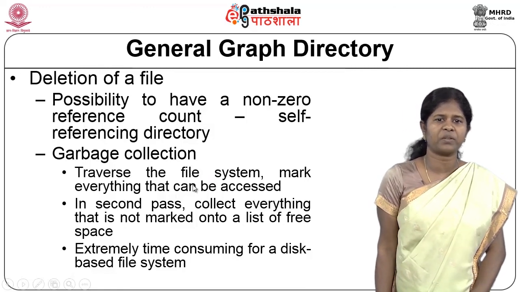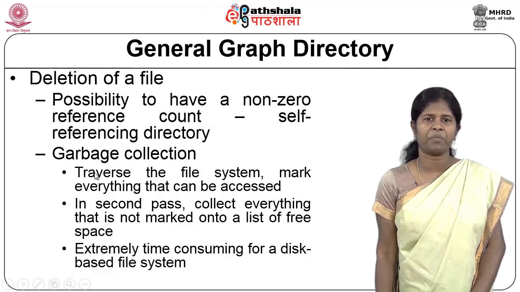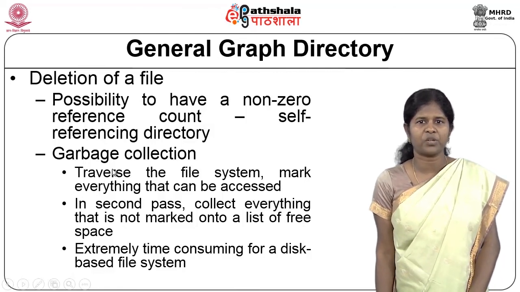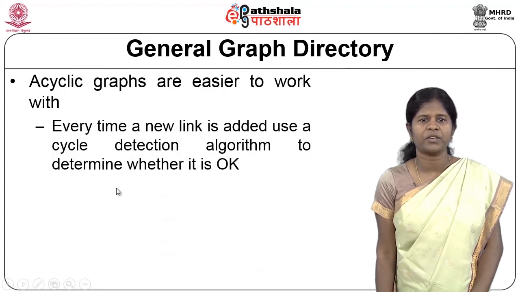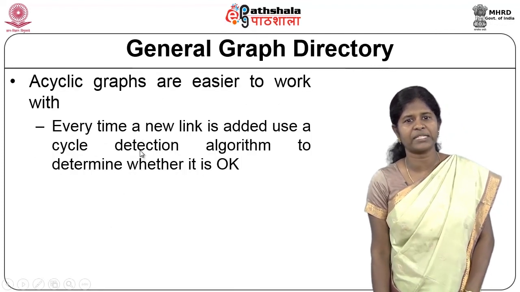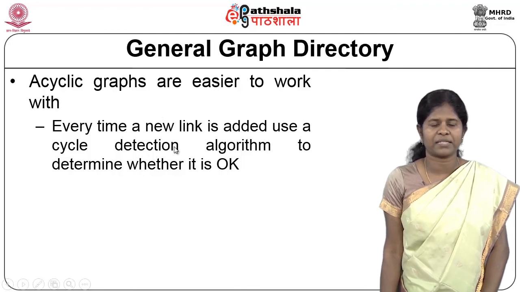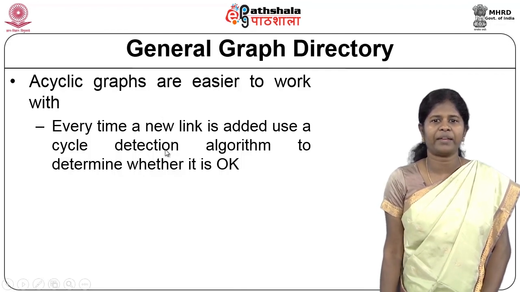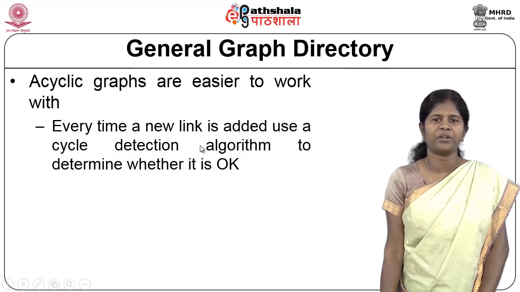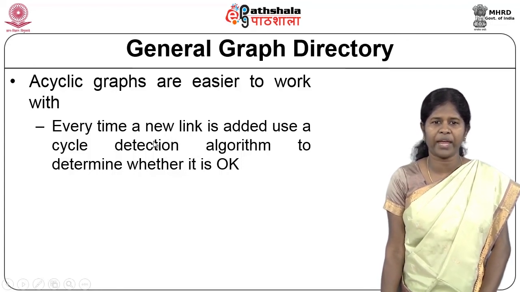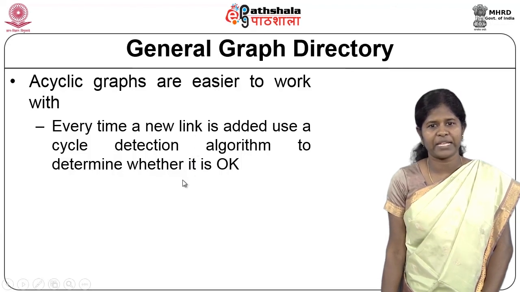When the disk is very large, it is difficult, but it will save space, as it will collect all unused space. So, acyclic graphs are easier to work with when compared to graphs with cycles. That is what we see here, and every time a new link is added, you can use a cycle detection algorithm to determine whether it is okay in the case of acyclic graphs.